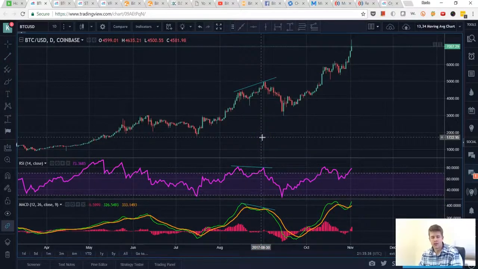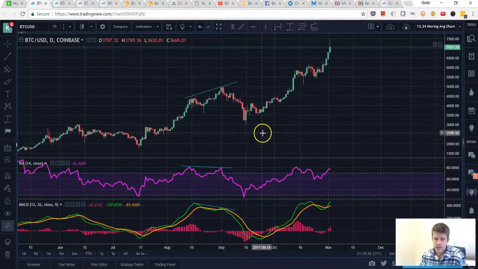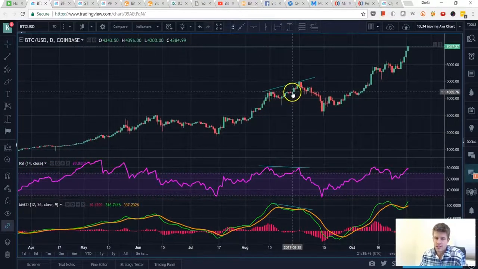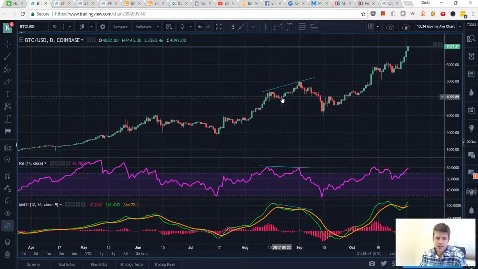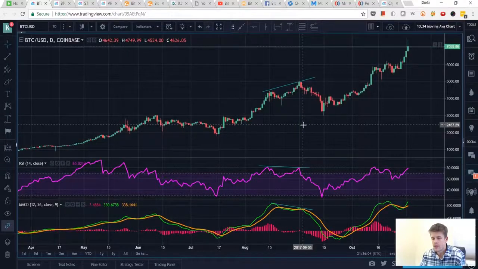So as traders, we look for these divergences because these are the situations where price action, even though it's higher, is technically weakening based on these two momentum indicators. So those are areas where if it doesn't break through and the RSI doesn't go higher than the previous one, then we're probably looking for a good time to see a pullback in the market.